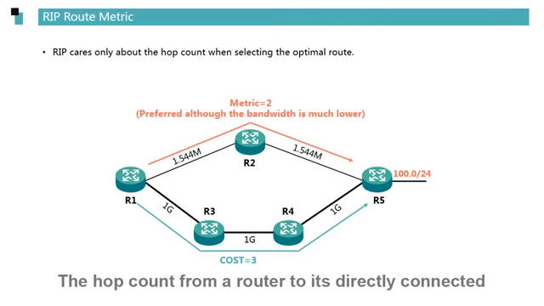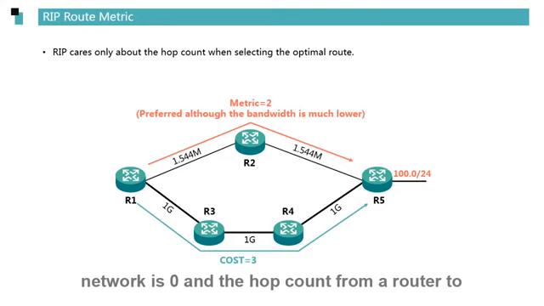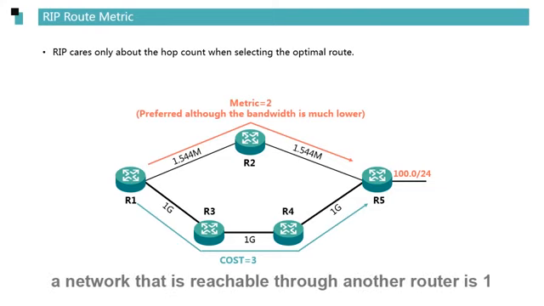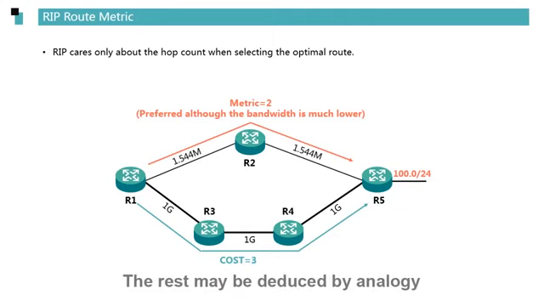The hop count from a router to its directly connected network is 0, and the hop count from a router to a network that is reachable through another router is 1. The rest may be deduced by analogy. The smaller the hop count, the better, because the destination is closer.